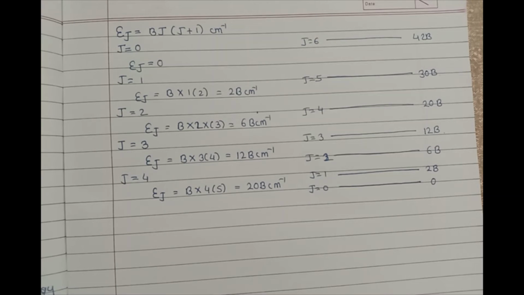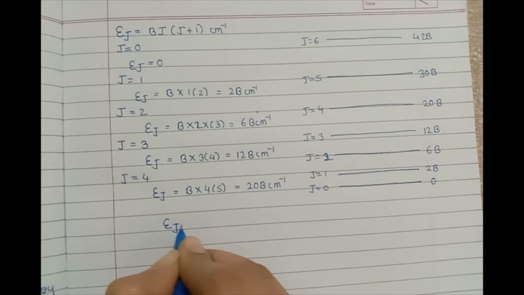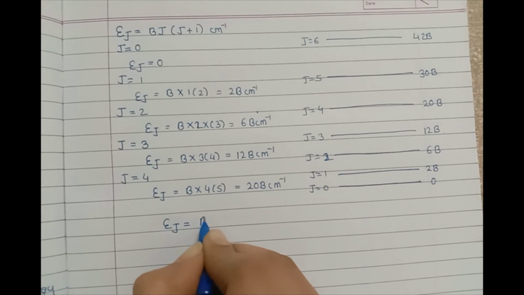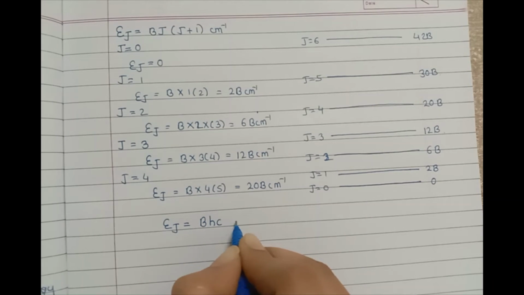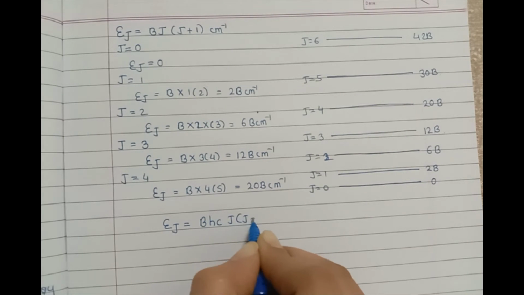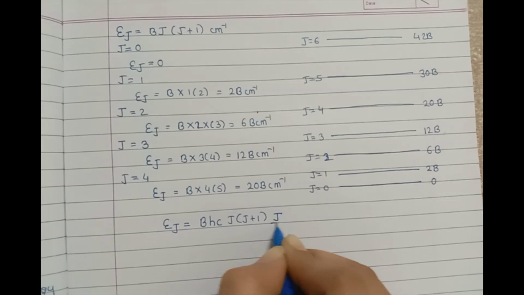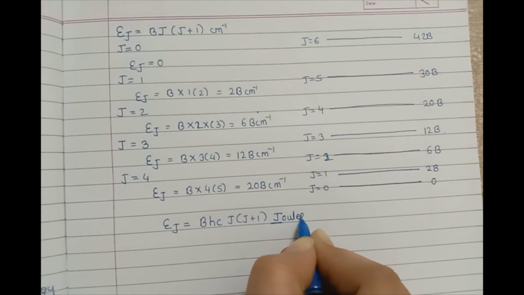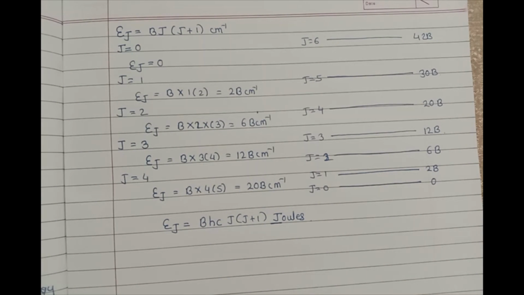Okay. So if I ask you to express this in terms of joule, what you will do? Epsilon J is equal to BhC into J plus 1 joule. Okay. So now we will see the difference between those energy levels.